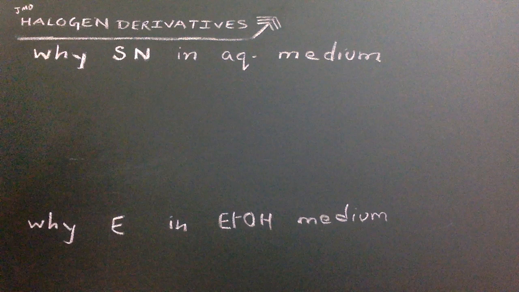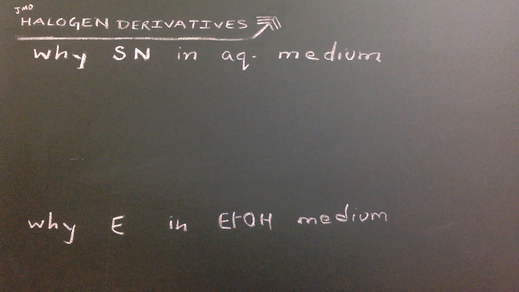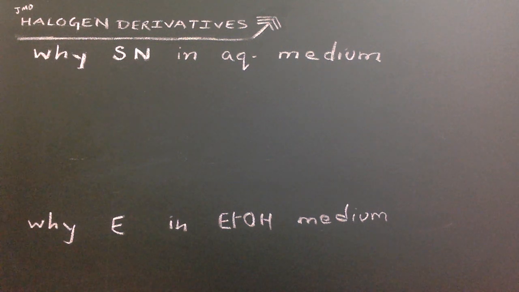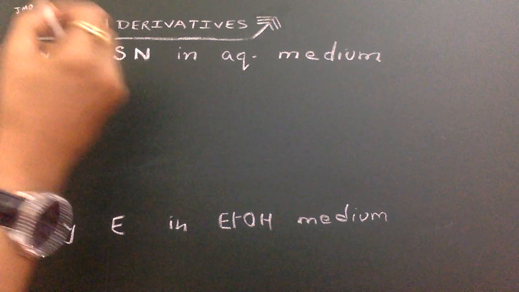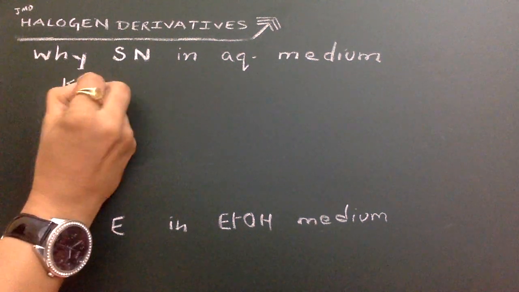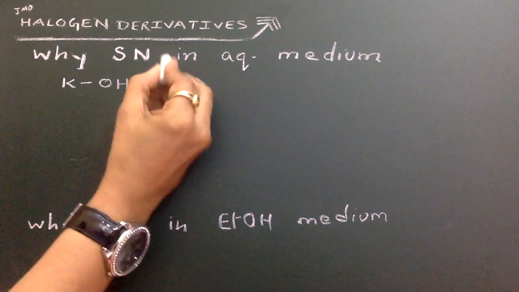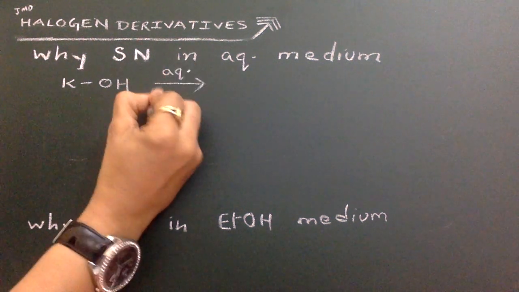Now, students, take care. Look at the board. Be very, very attentive. Now, as you see here, the aqueous medium and the alcoholic medium, see, the very first thing, suppose I'm taking KOH, and the medium is aqueous, that is water.